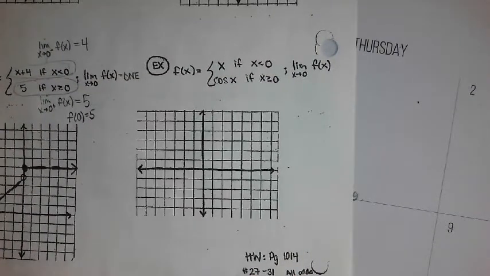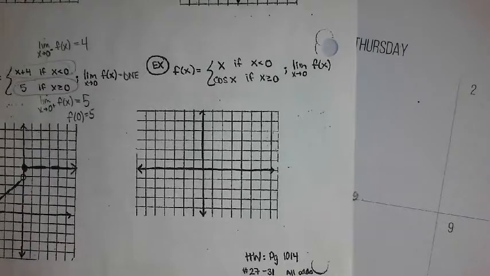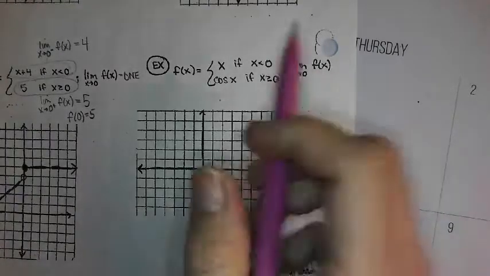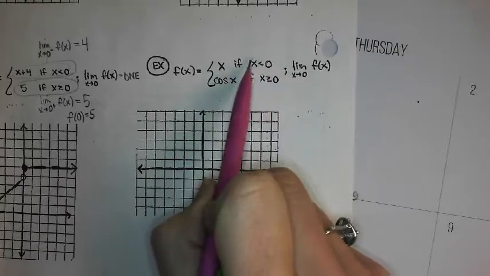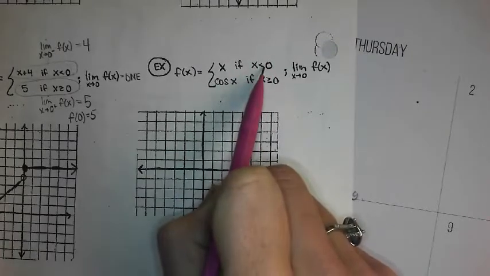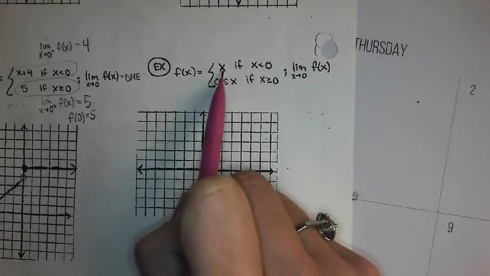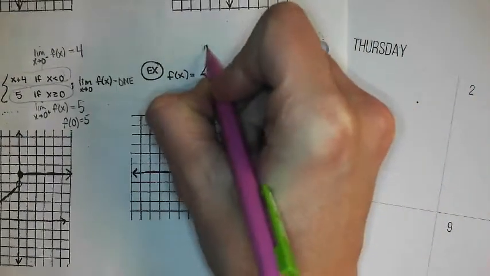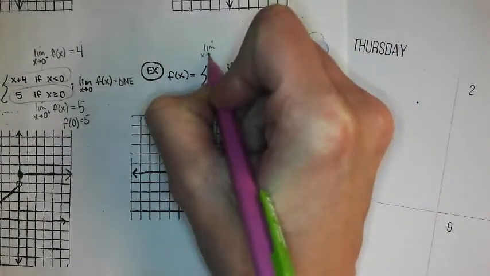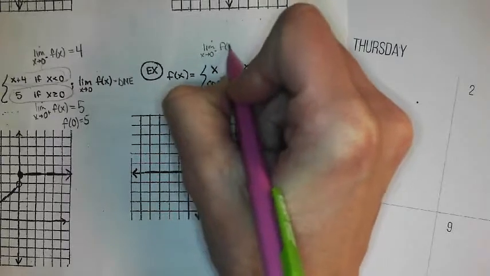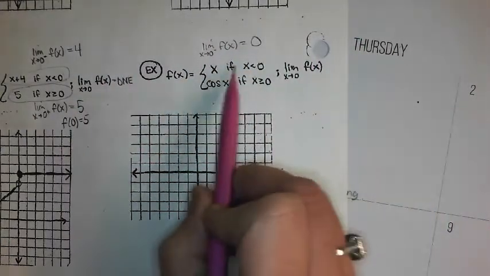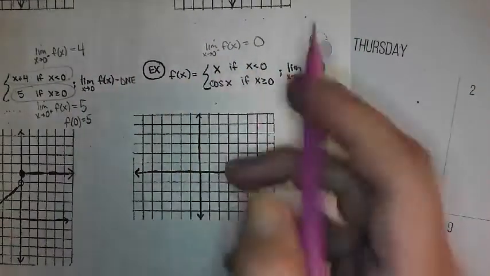Before we graph this, let's think about the limit coming from the left. The limit coming from the left would mean use this equation. We're looking for it at 0. So even though it's going to be an open circle, what's your limit as you approach 0 from the left? 0, right? You essentially plug 0 in here.